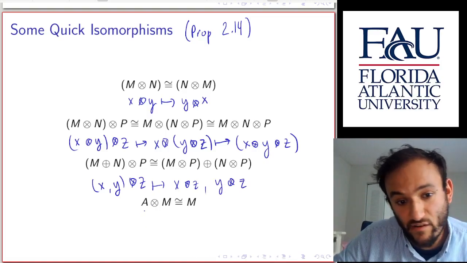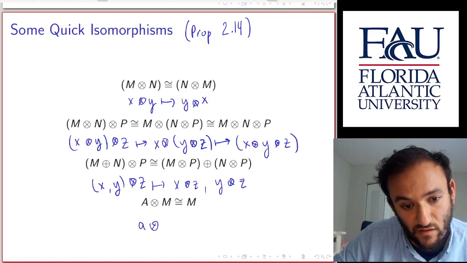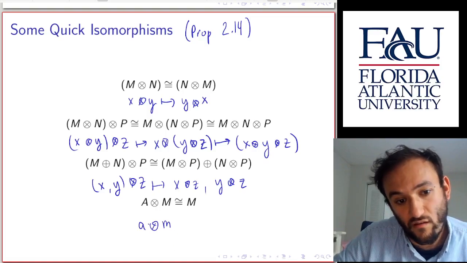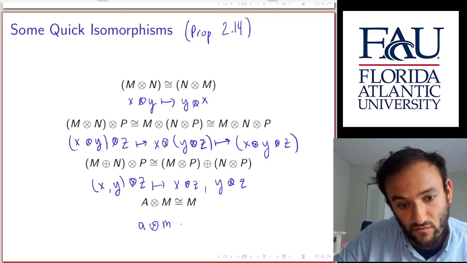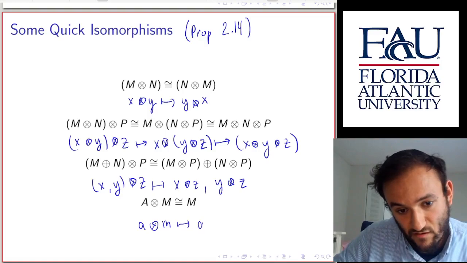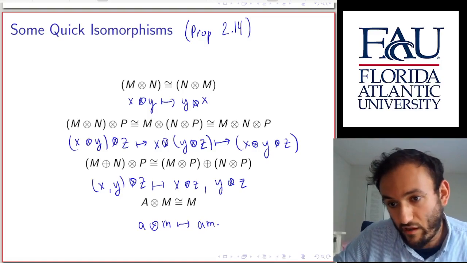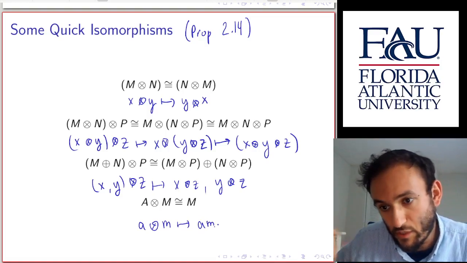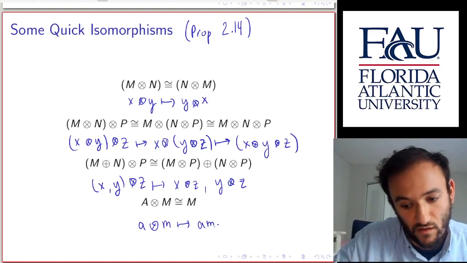As for A tensor M, if you have an element of the ring tensor something in the module, then you just send that to the product, since the module has an A multiplication endowed to it.